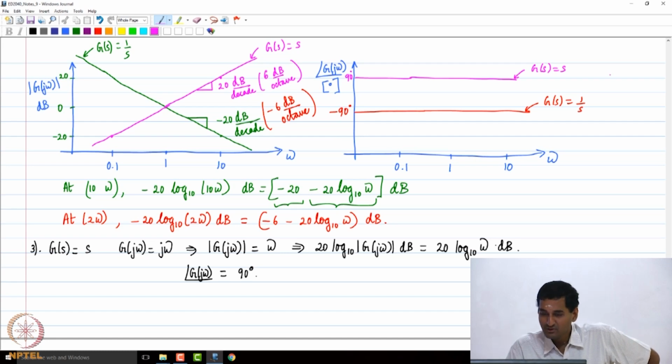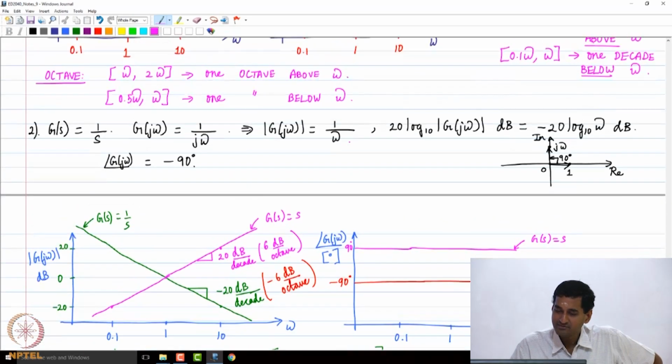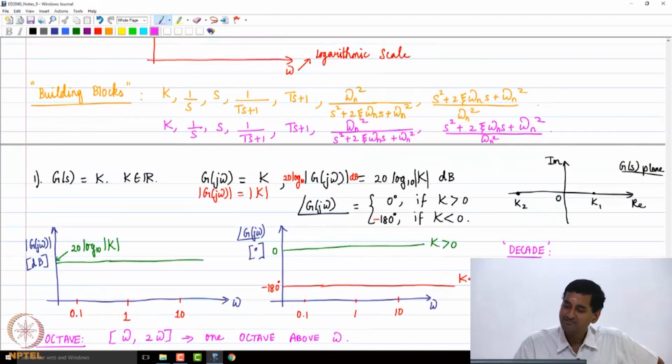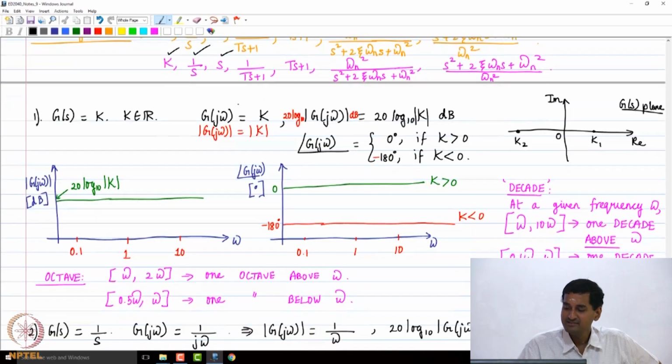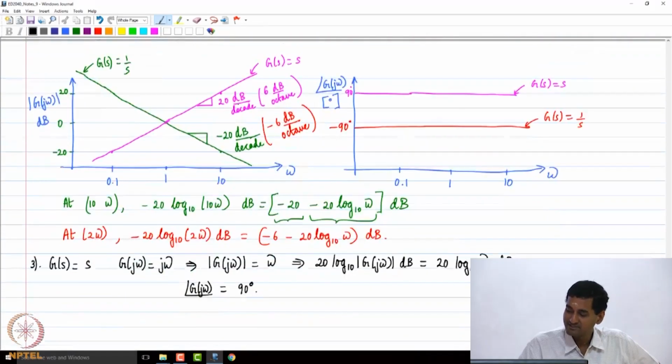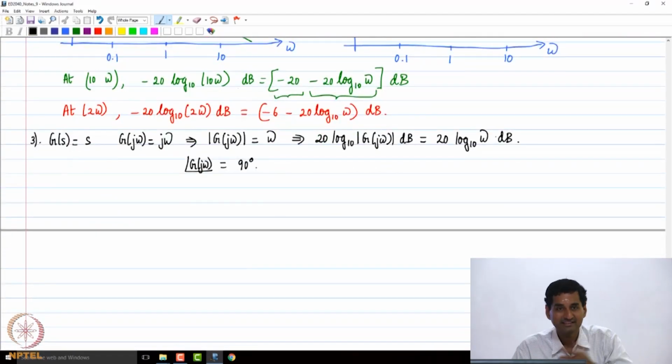So what we have done till now is 3 factors: we have done K, we have done 1 by s, we have done s. We'll do the first order factor in the next class.